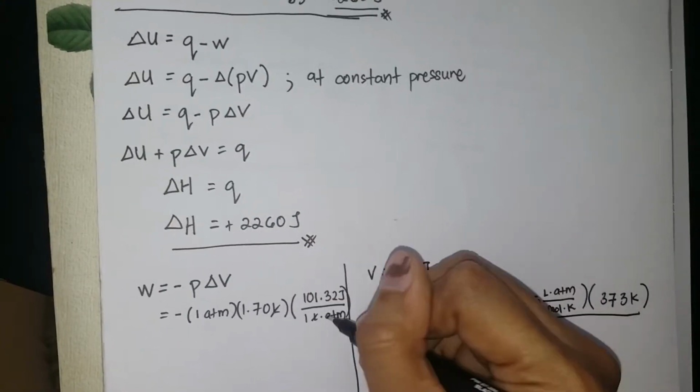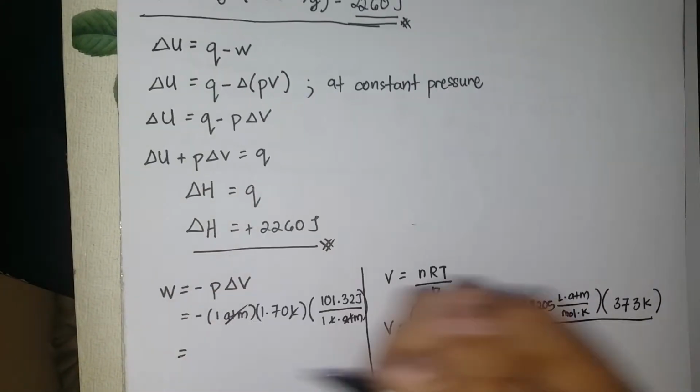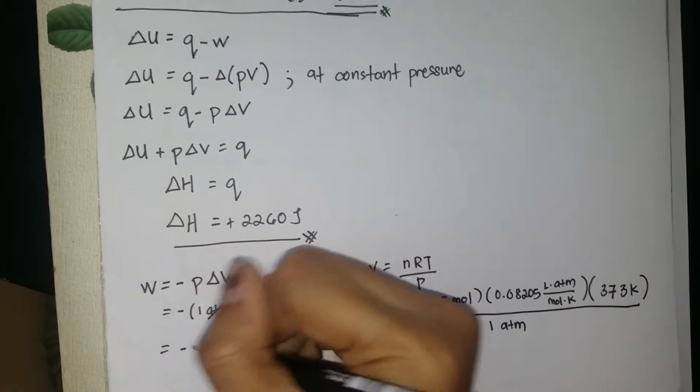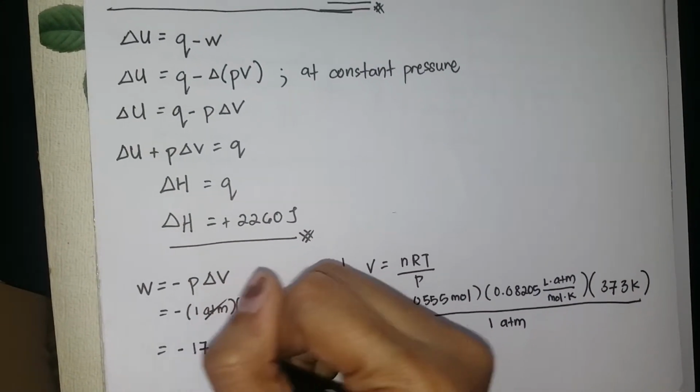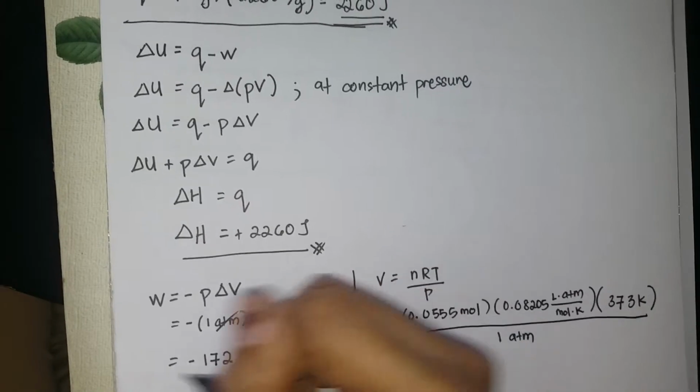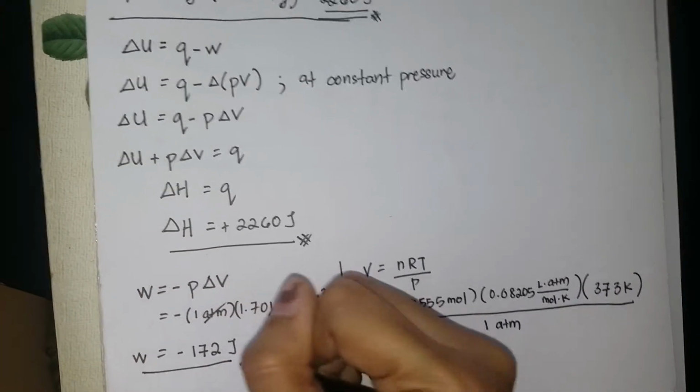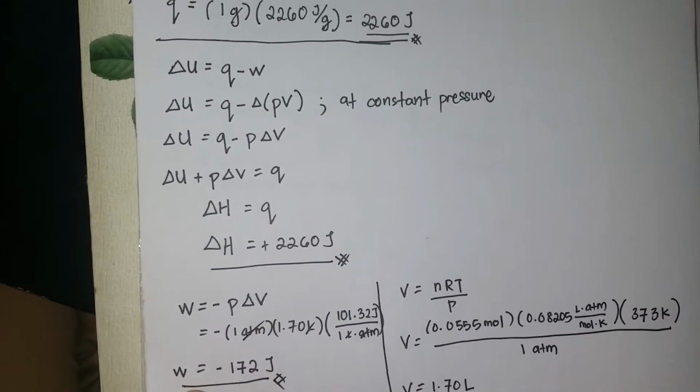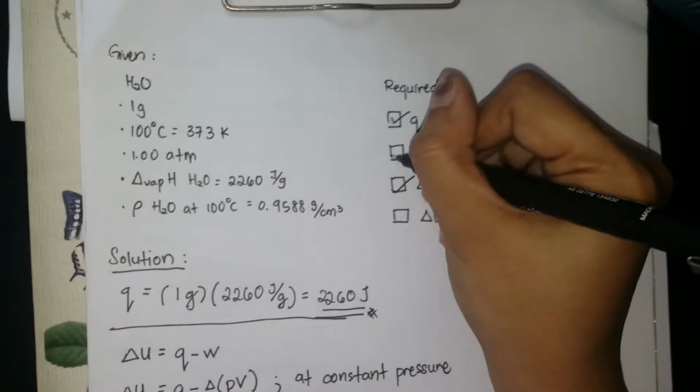So this cancels out, and we'll only have 172 joules of work done by the system. Now, work done is solved.